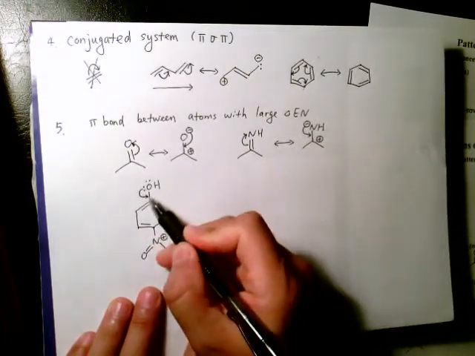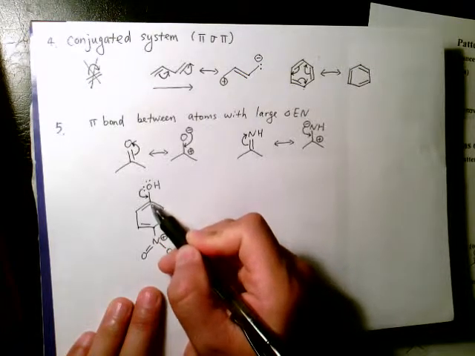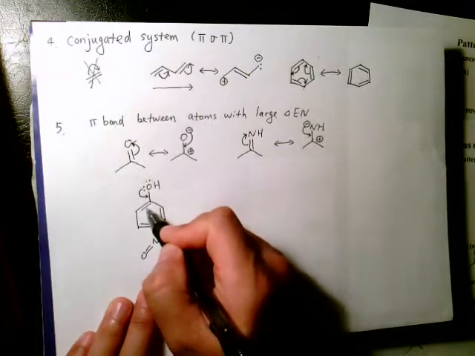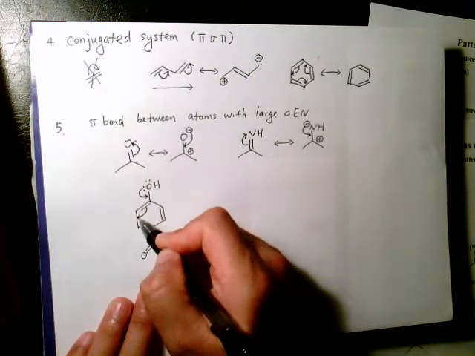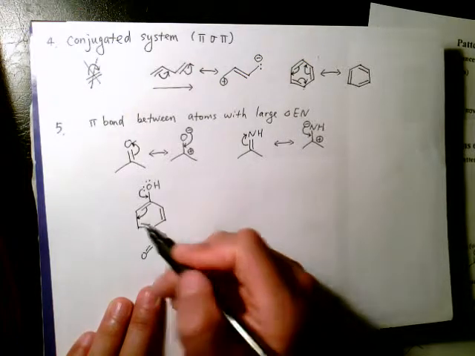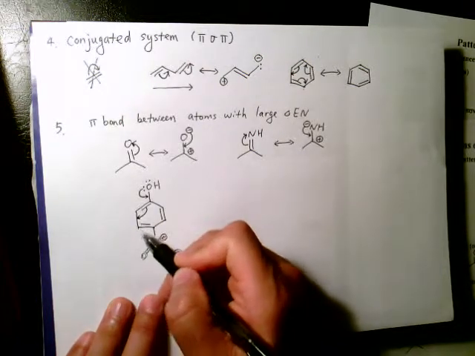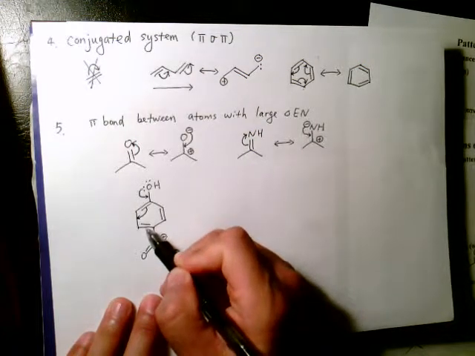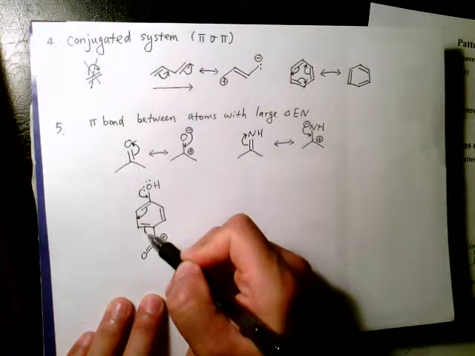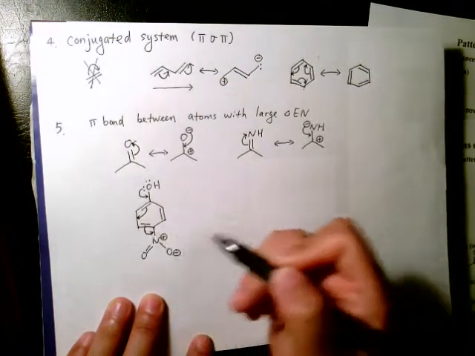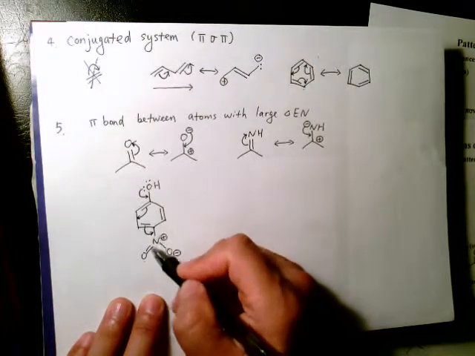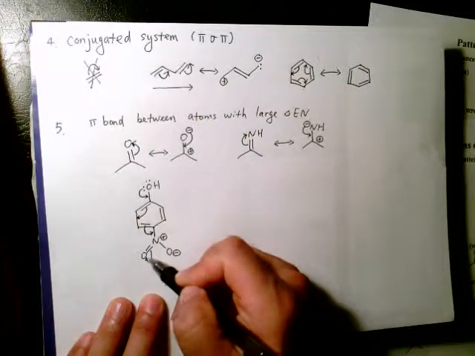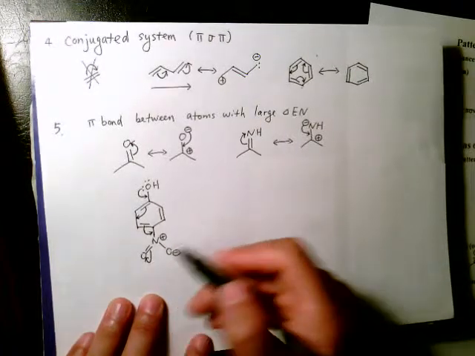So this lone pair will come to this bond, and this carbon is overvalenced, so this pi bond will have to break, and those 2 electrons will come over to this bond and generate a pi bond down there. And the problem is this carbon is overvalenced, so this pi bond will have to break and then go to the carbon-nitrogen bond and form a pi bond down there. Now it starts to overvalence this nitrogen, so this one will have to break and then go to oxygen as a lone pair.